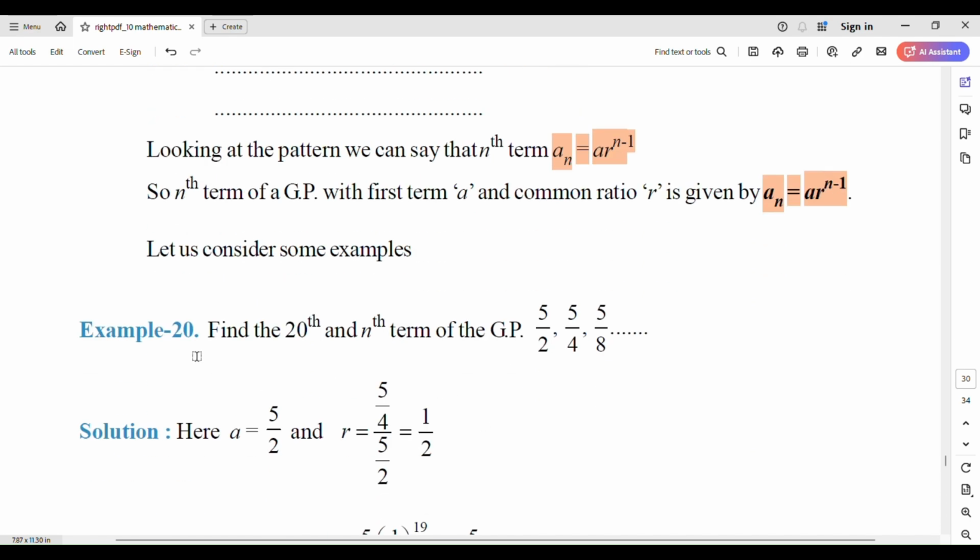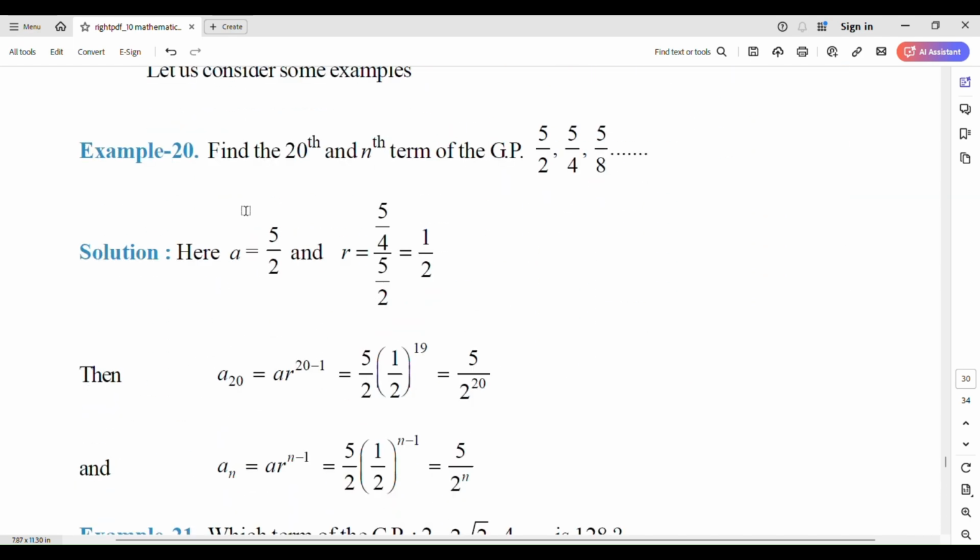Now let's see some examples. Find the 20th and nth term of the GP 5 by 2, 5 by 4, 5 by 8, etc. Here a is equal to 5 by 2, and the common ratio is 5 by 4 divided by 5 by 2, which is 1 by 2. So you have a and you have r.